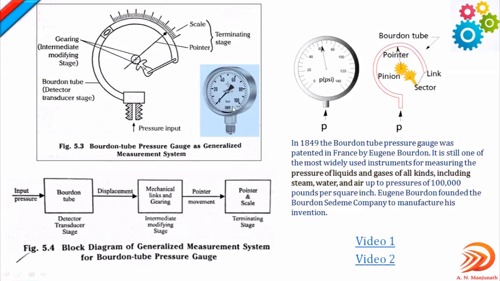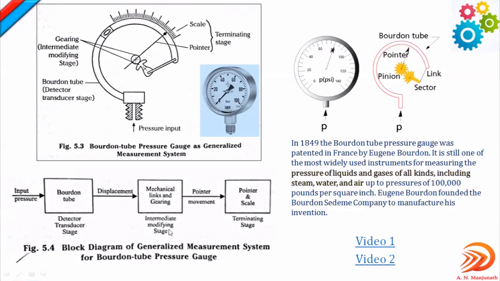With respect to this example, the Bourdon tube pressure gauge, which one acts as the detector transducer stage? It is the Bourdon tube. That is what is mentioned here. In this example, the detector transducer stage is the Bourdon tube.